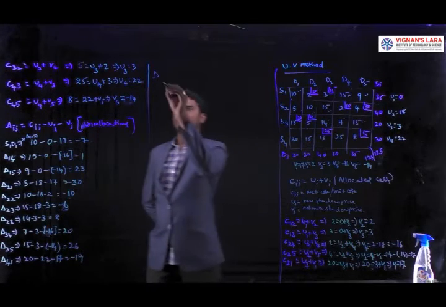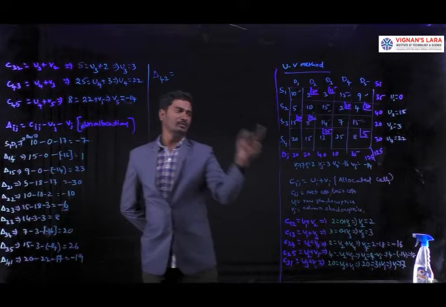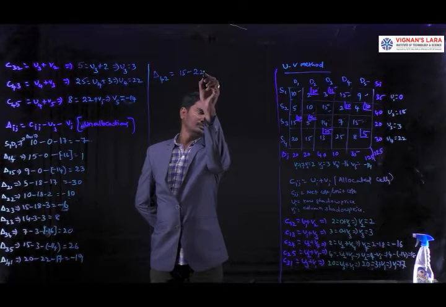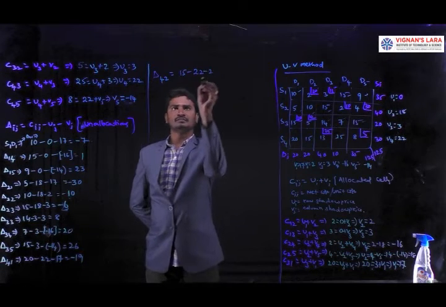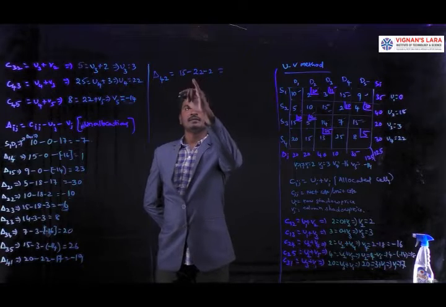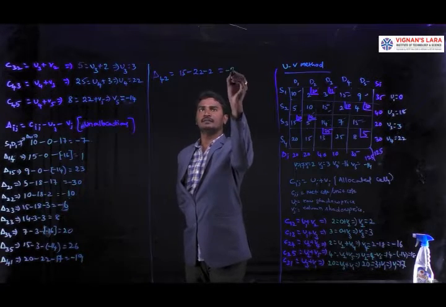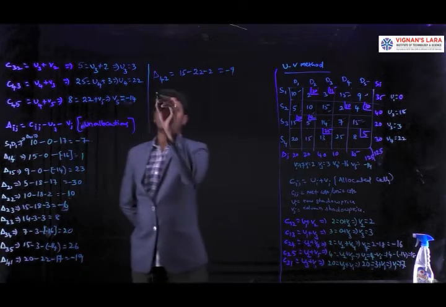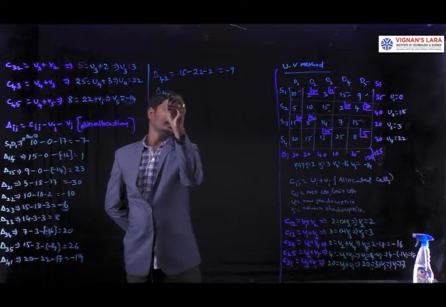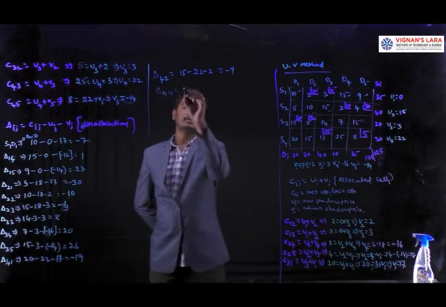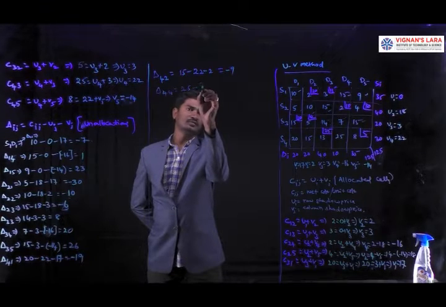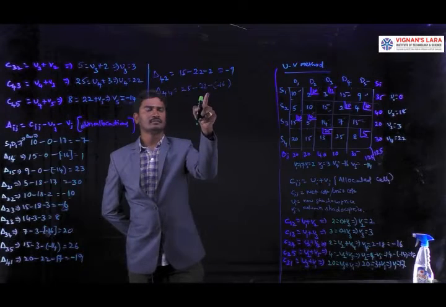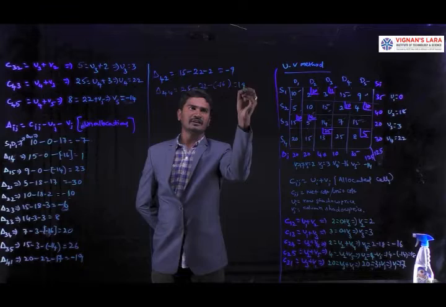Coming to this S4 D2, that is equal to 15 minus 22 minus 2, that implies 9. Okay, next, here we have another one, delta 4 4, that is equal to 25 minus 22 minus of minus 16. Okay, from this 19 we obtained.